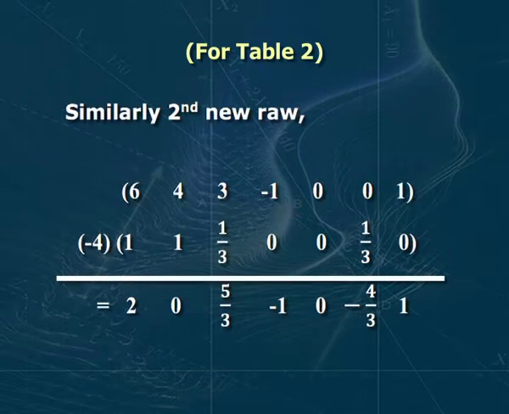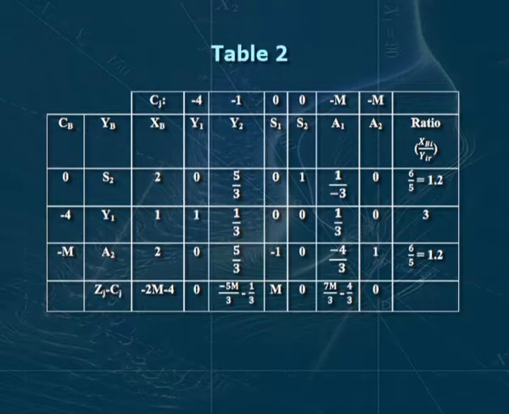Similarly, we calculate the second new row using the formula, with the old row elements 6, 4, 3, minus 1, 0, 0, 1, the corresponding column coefficient 4, and new pivotal row 1, 1, 1 by 3, 0, 0, 1 by 3, 0. On simplifying, we get the second new row 2, 0, 5 by 3, minus 1, 0, minus 4 by 3 and 1. Substituting these values in the table, we compute Zj minus Cj.